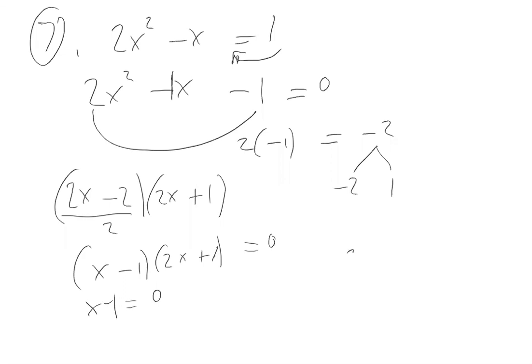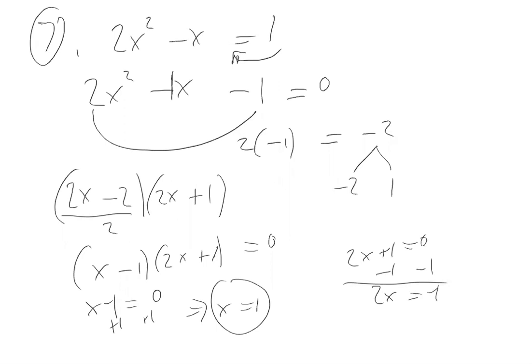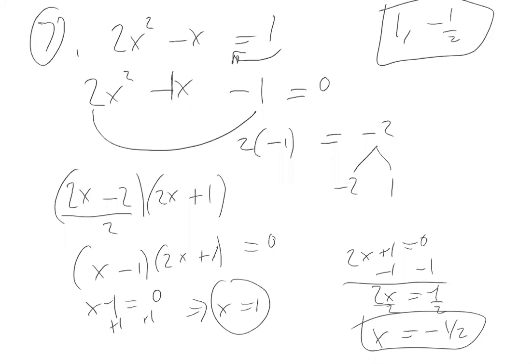So x minus 1 equals 0 and 2x plus 1 equals 0. Now add 1 to both sides. You'll get x equals 1. Then subtract 1 from both sides. Divide by 2. You'll get x equals negative 1/2. So the two answers are 1 and negative 1/2. Those would be your answers to that problem. Now let's try number 8.